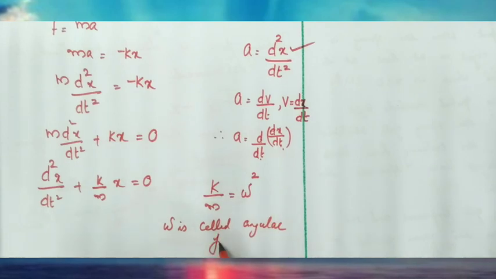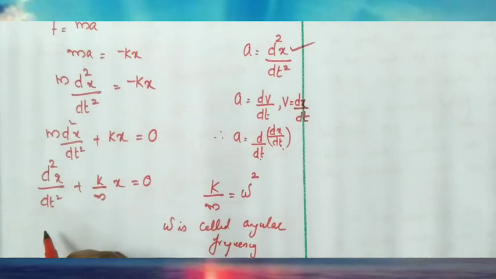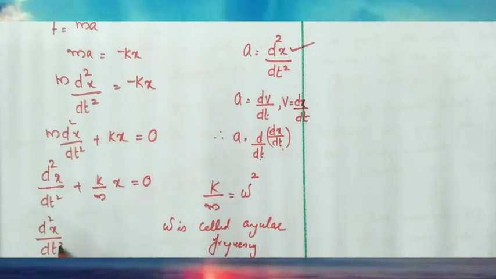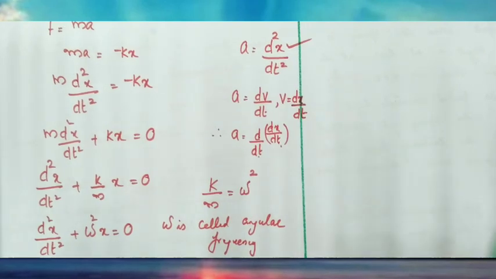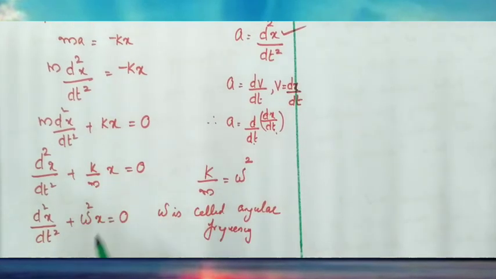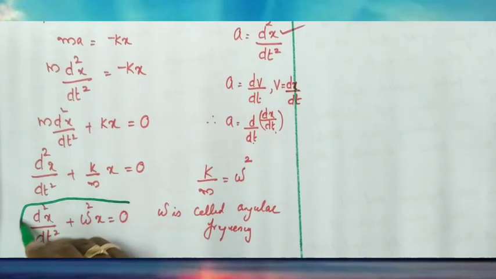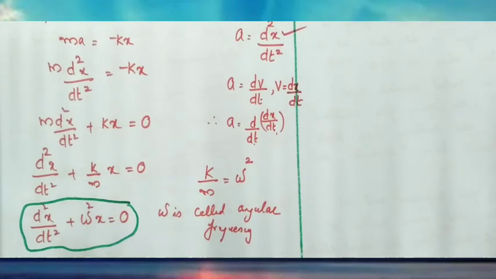Omega is angular frequency. Okay, so using that, k by m can be substituted as omega square. So the equation becomes d square x by dt square plus omega square x is equal to 0, and this is considered the differential equation of a simple harmonic motion.